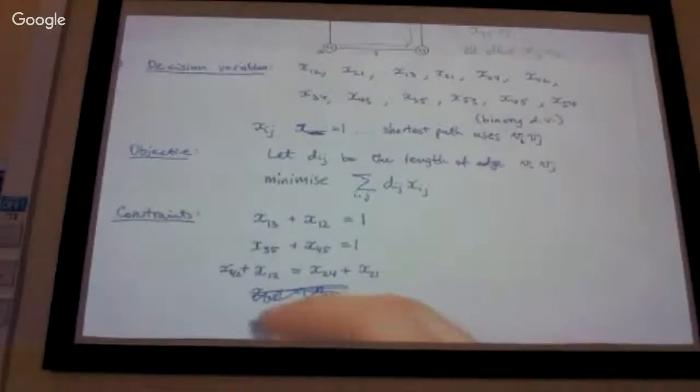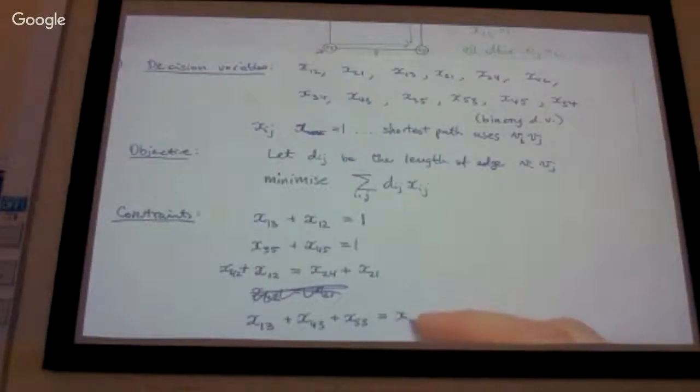So if I arrive at vertex 3, which I can do from either 1 or from 4 or from 5, I want to leave 3 so that I can go either to 1 or to 4 or to 5.